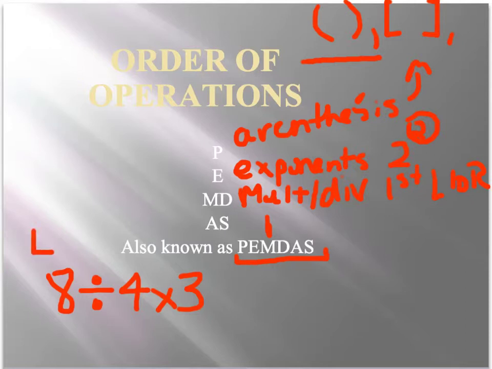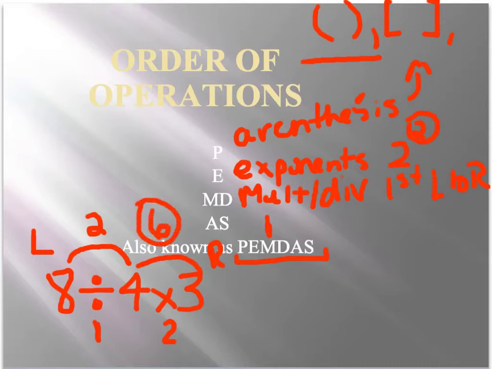So here's my left, here's my right. This is what comes first, and this comes second. So I do 8 divided by 4. 8 divided by 4 is 2. So I do 2 times 3, which is 6. So 6 is my final answer.